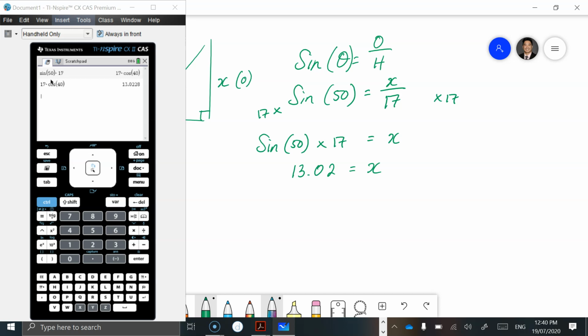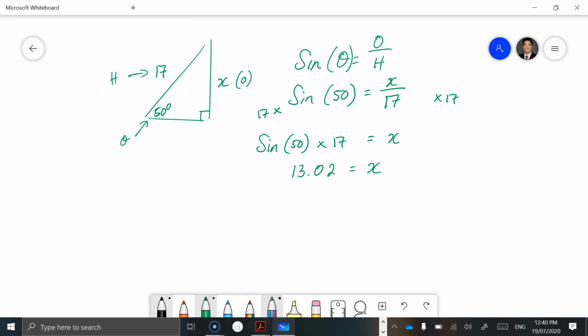Now let's move on to another question and find one where we can work out another side. Let's work with this one. We have this triangle and theta is 31 degrees. We have this side as Z and this side as 46.